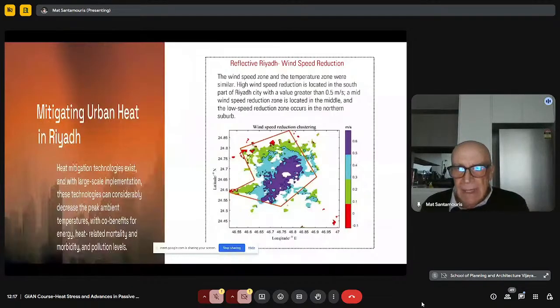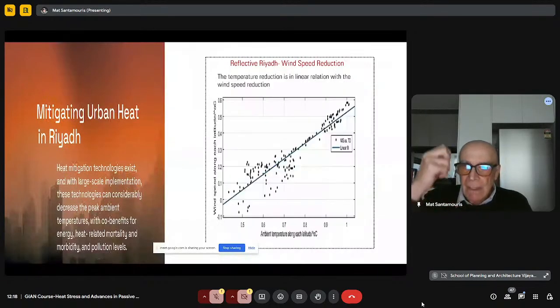This happens in the southern part of Riyadh. You have to know that usually when cool roofs are implemented, the wind speed decreases. This happens because the planetary boundary layer is reduced. In this case, we have a reduction of the wind speed, and there is a risk of accumulation of pollution.